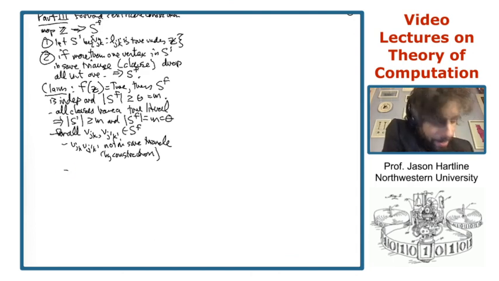And now we have to check the conflict edges. We know that Ljk and Lj'k' are both true. So if they're both true, they must not conflict.